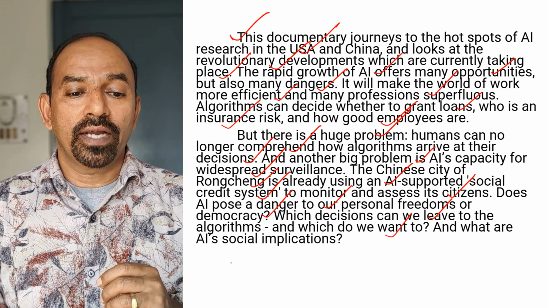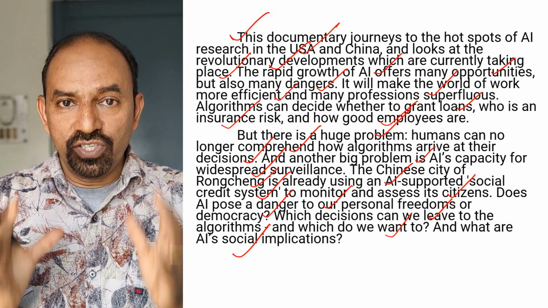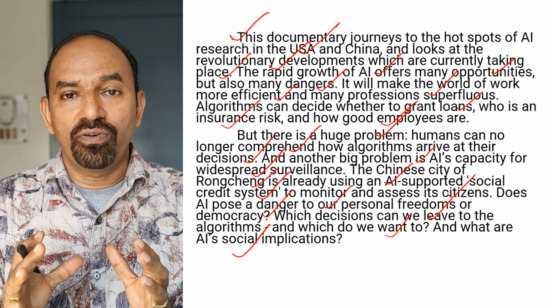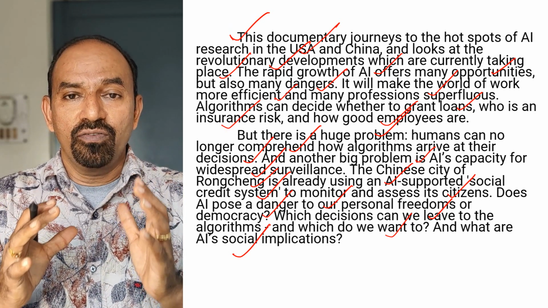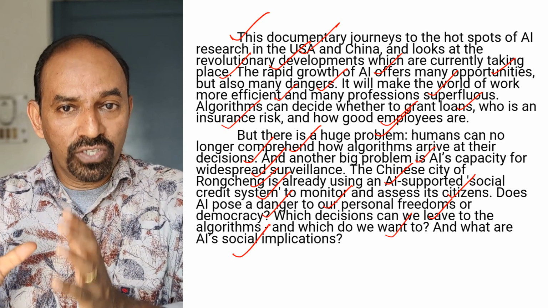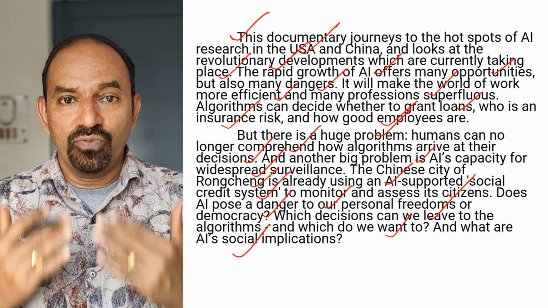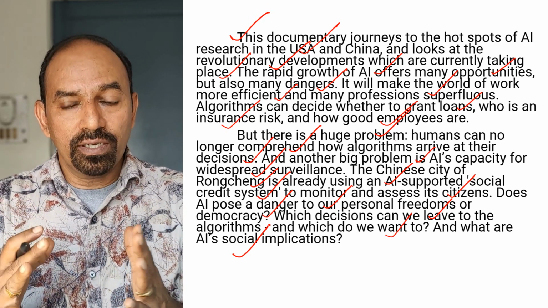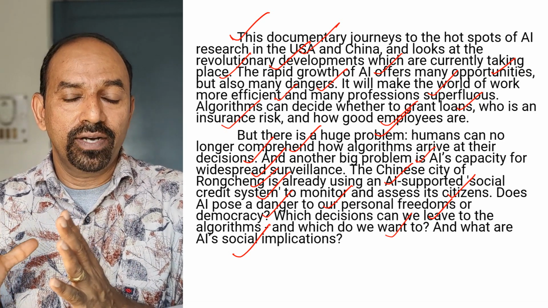And what are AI's social implications? These are some of the questions that arise with the development of artificial intelligence. And which things we have to give to the machine to decide and which things we have to keep ourselves for our own privacy. These questions are arising with the development of artificial intelligence and machine learning.